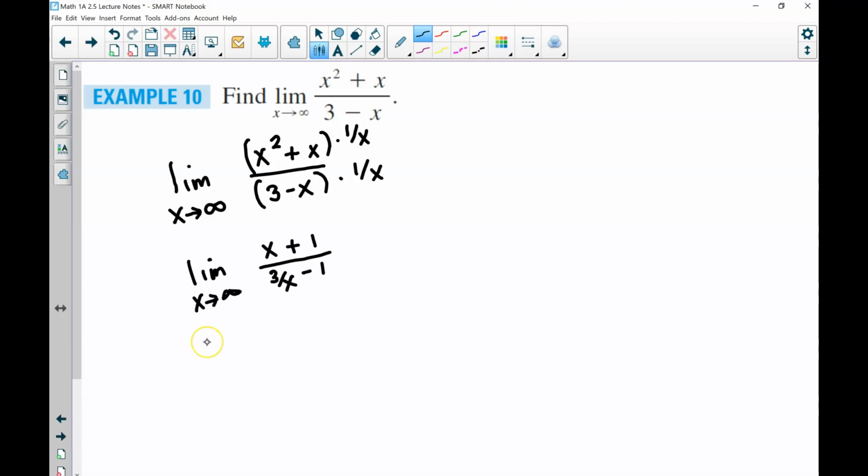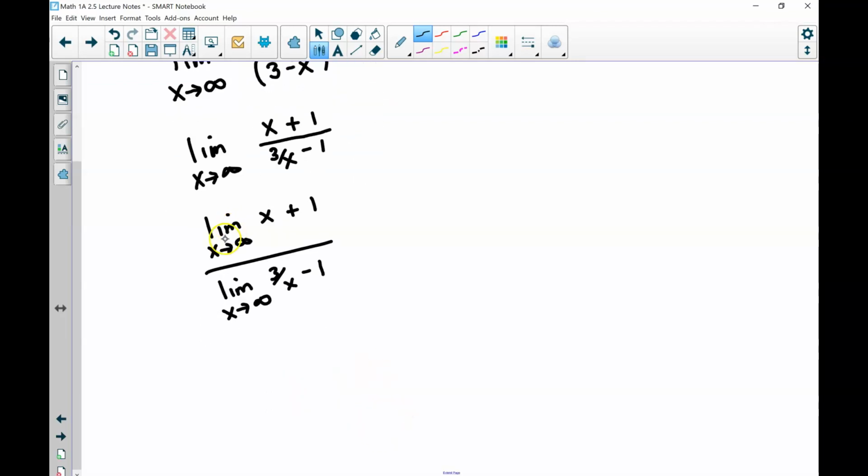So if we go ahead and rewrite this as the limit as x approaches infinity of x plus 1 all over the limit as x approaches infinity of 3 over x minus 1.